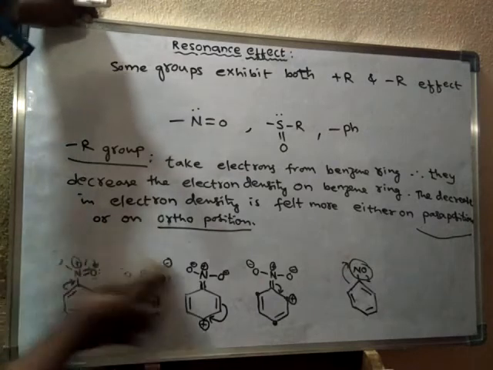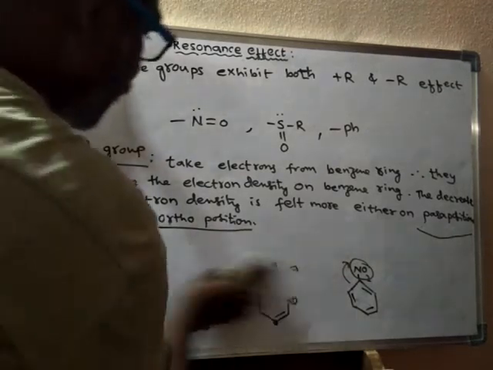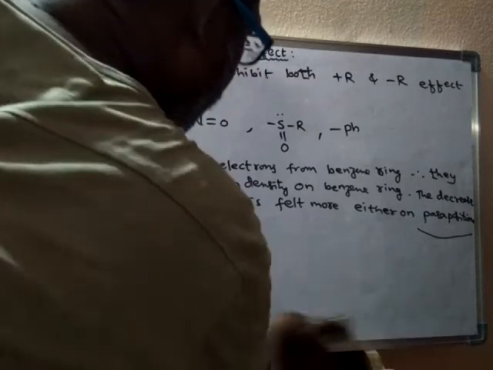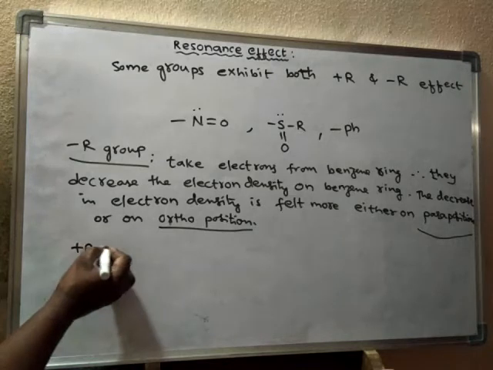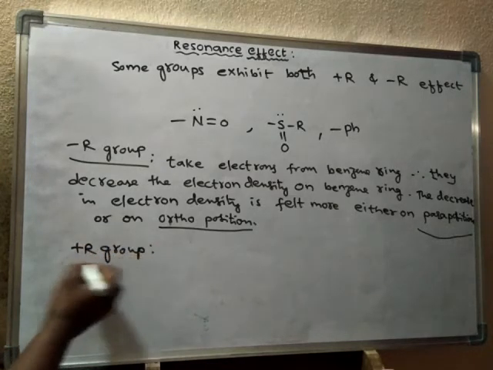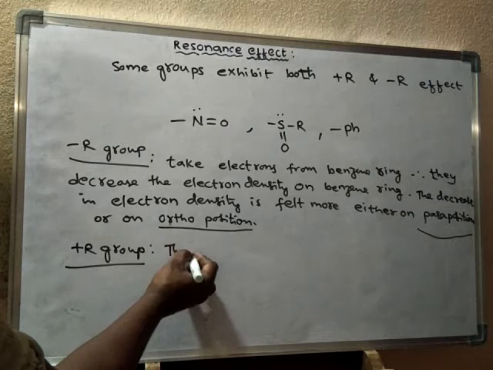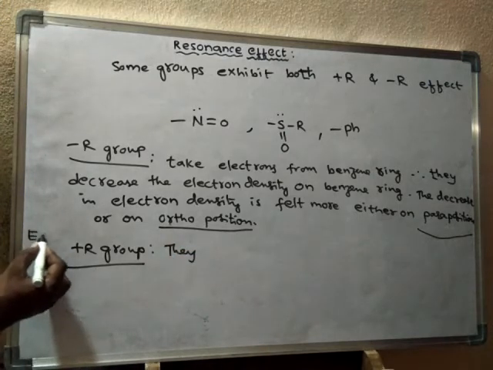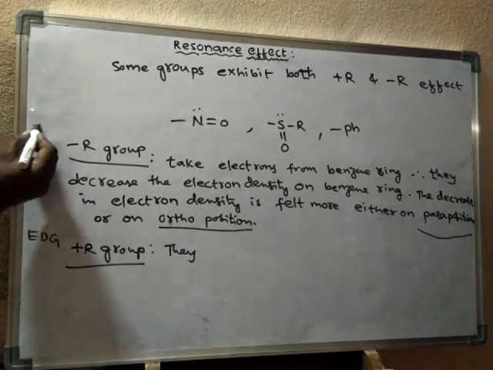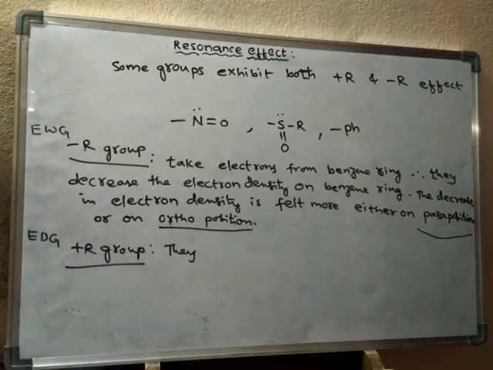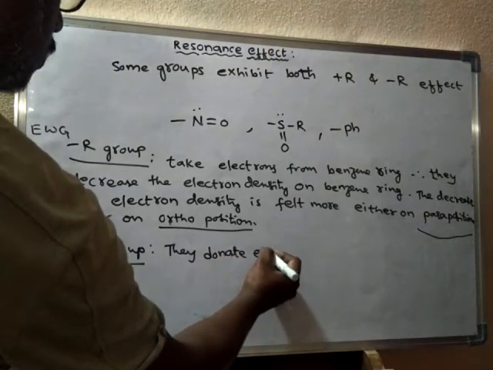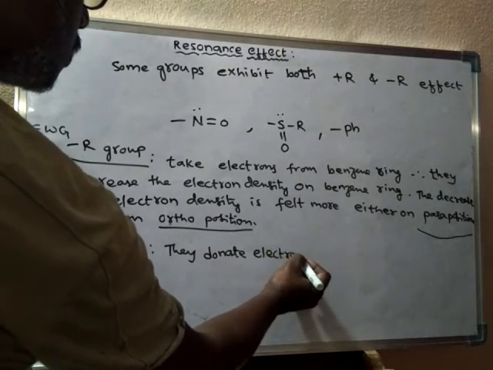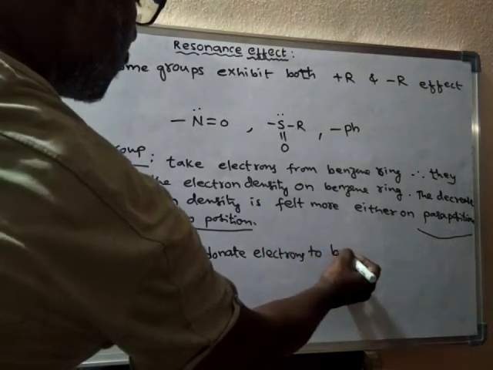Right? Now if you speak about plus R groups, they show the opposite effect. Plus R groups are called electron donating groups, and these are called electron withdrawing groups. As they are electron donating groups, they donate electrons to the benzene ring.